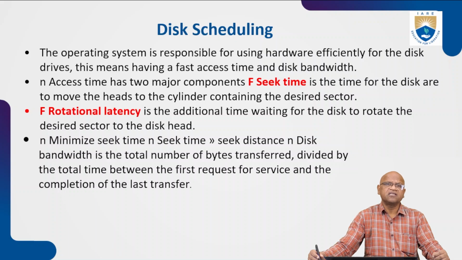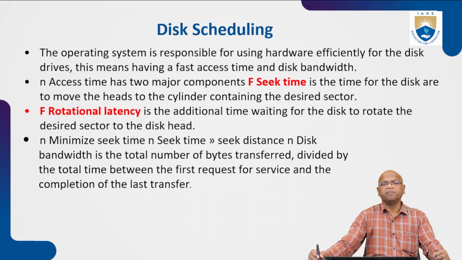We minimize seek time, and seek time is seek distance. Disk bandwidth is the total number of bytes transferred divided by the total time between the first request for service and the completion of the last transfer. So we should minimize all these things.